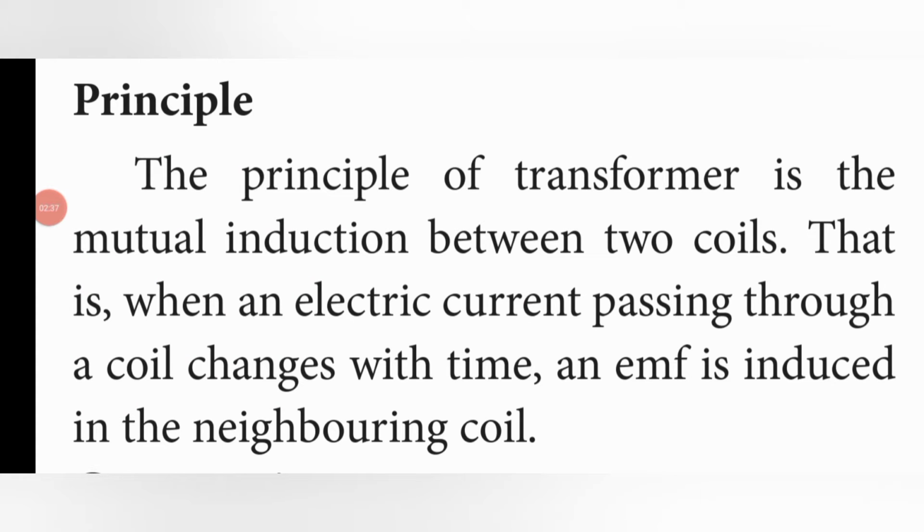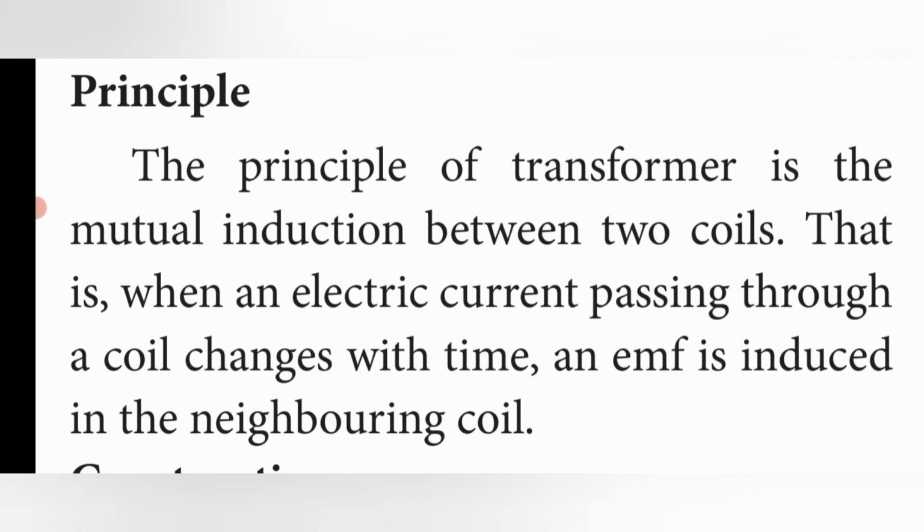Principle: it works on the principle of mutual induction between two coils. We have already studied mutual induction. What is meant by mutual induction? There are two coils. In coil 1 we pass a current that changes with time, so it produces a magnetic field around it.